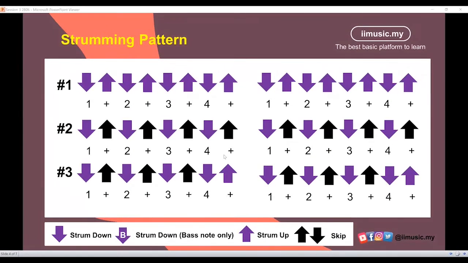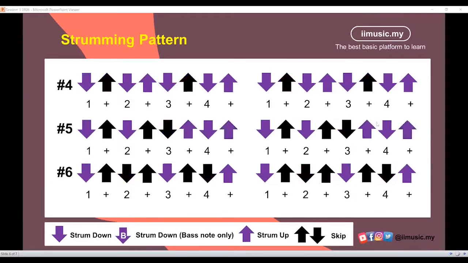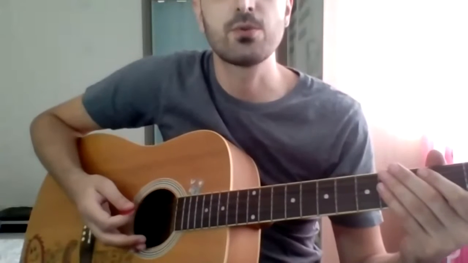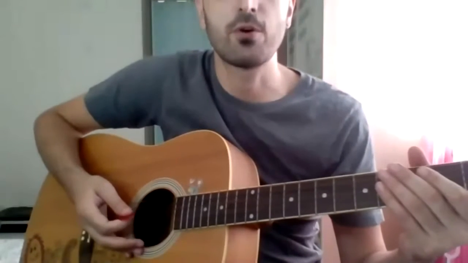So in number 2, we have some black pointed up arrows that are mostly in and place. 1 and 2 and 3 and 4 and. Okay, so here I want to play number 2. 1 and 2 and 3 and 4 and.